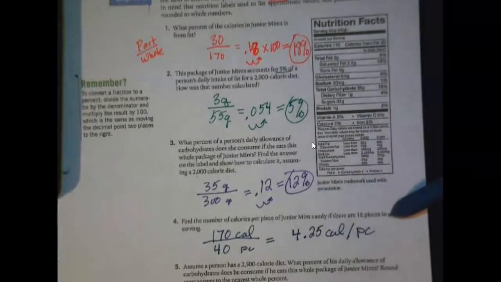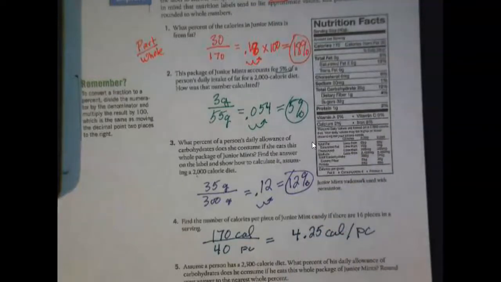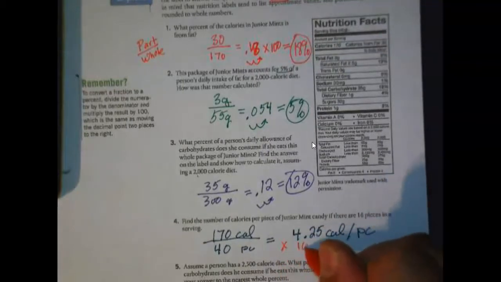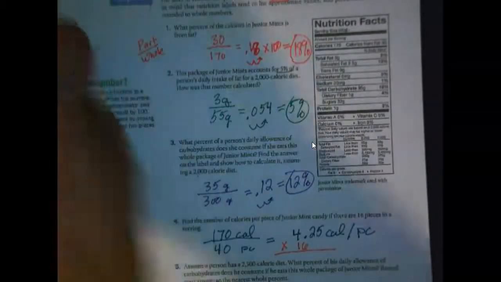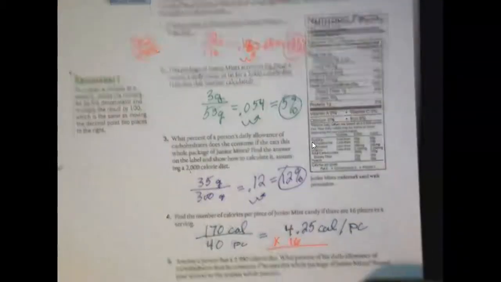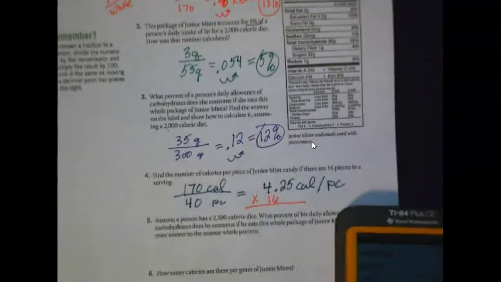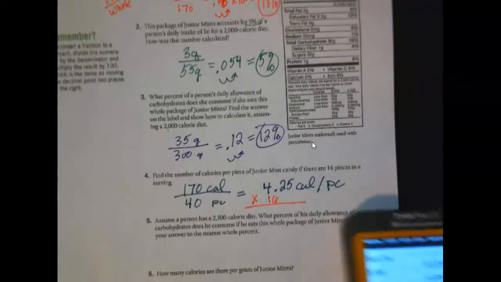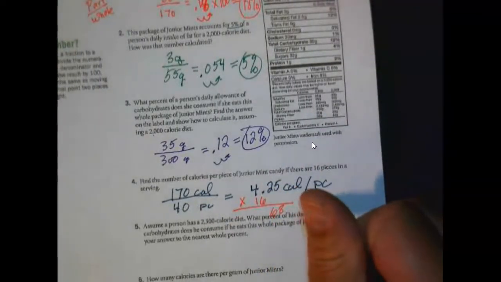If there are 16 pieces, all I'm going to do is multiply this by 16. So I'm going to take my 4.25 and multiply that by 16 to get my total calories, and I get 68 calories.